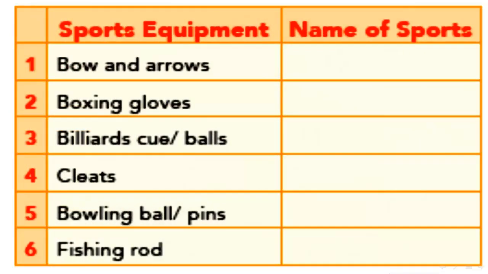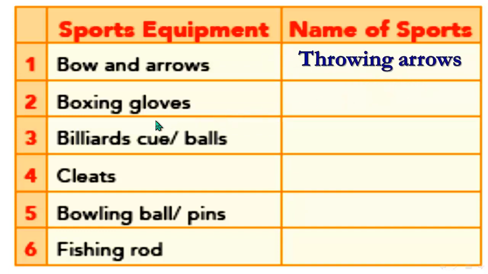Okay, now after we match the pictures, let's name each sport. Number 1, bow and arrows. What's the name of this sport? So the name of it, throwing arrows.